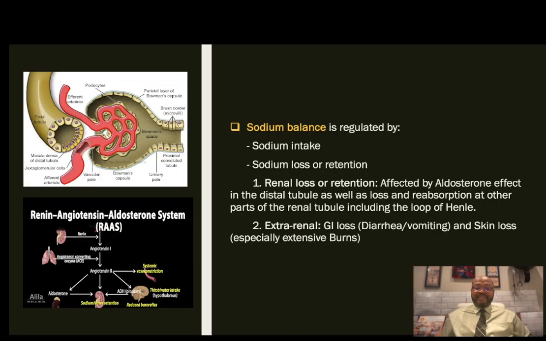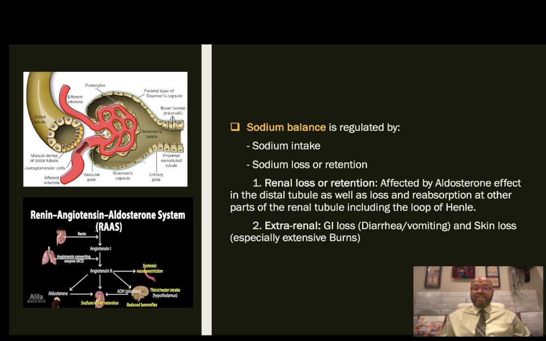Okay, so let's look at the sodium balance. It's regulated by sodium intake, and sodium loss or retention. So if there's an imbalance between the sodium intake and the loss or retention, then hyponatremia can occur.